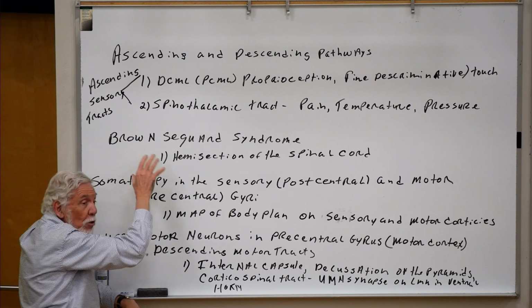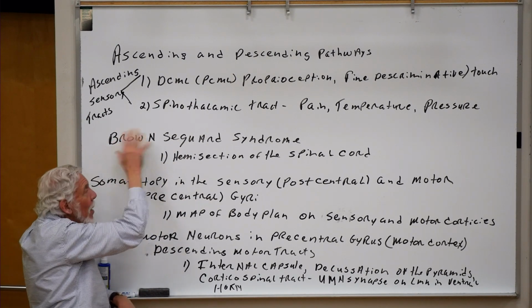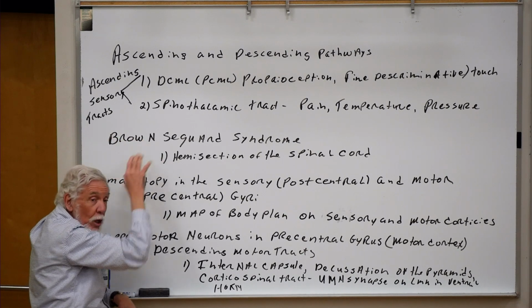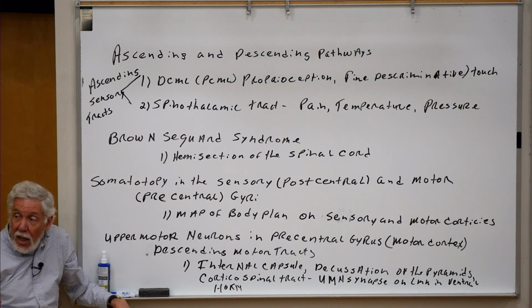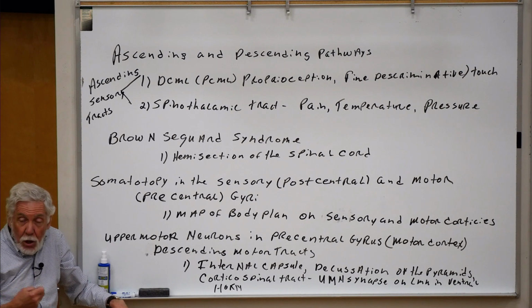We'll walk through Brown-Séquard. I think it gives a much better insight into how this is working if you can see why you lose some modalities and not others in Brown-Séquard syndrome.